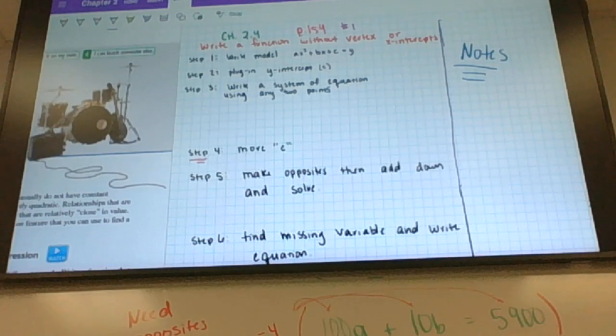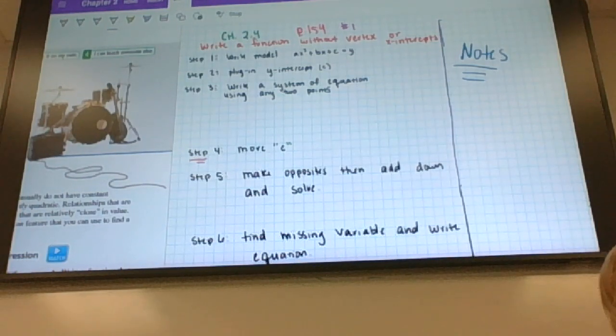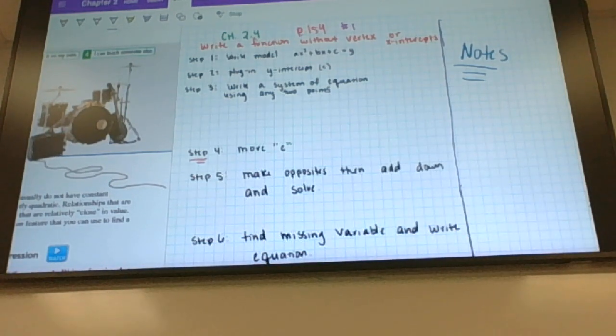You plug in the c value. Step 3 is to find two ordered pairs, an x and a y value, that you can plug in to write a system. After step 3, you'll move through the steps using background knowledge. After step 3, you're solving a system using elimination.